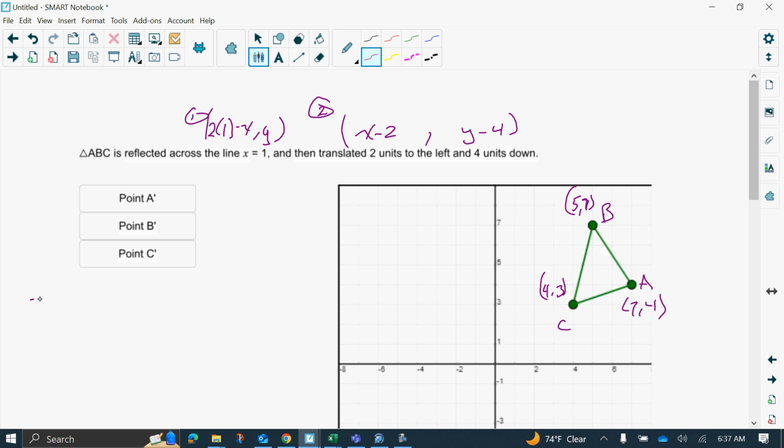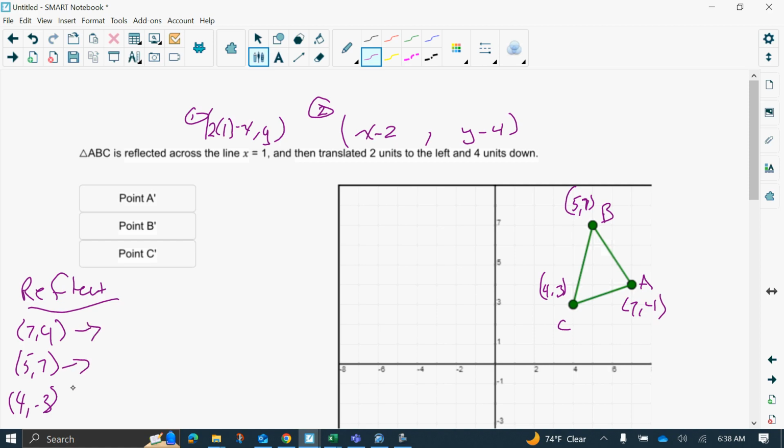So, reflect. 2 times 1 is 2, minus 7 is -5. 2 times 1 is 2, minus 5 is -3. 2 times 1 is 2, minus 4 is -2.